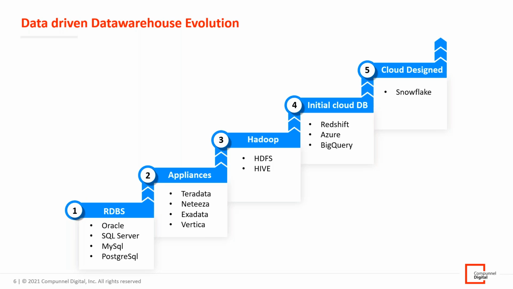Then around 2005 there was one more kind of system called appliances. Appliances like Teradata and Netezza are in-memory applications to boost up performance. When Teradata-type systems were introduced around 2005, there was a huge boost in performance. It's an MPP, massively parallel processing system, but there are still certain limitations.